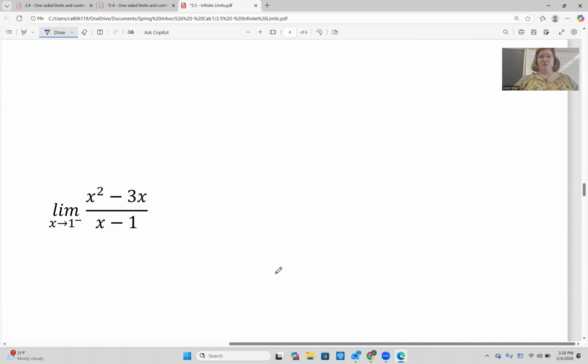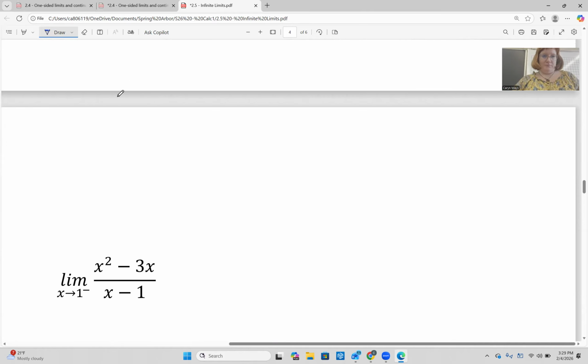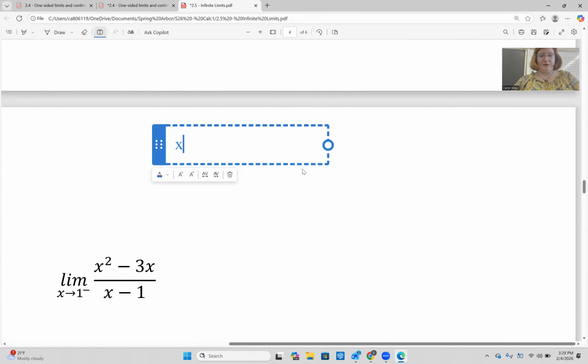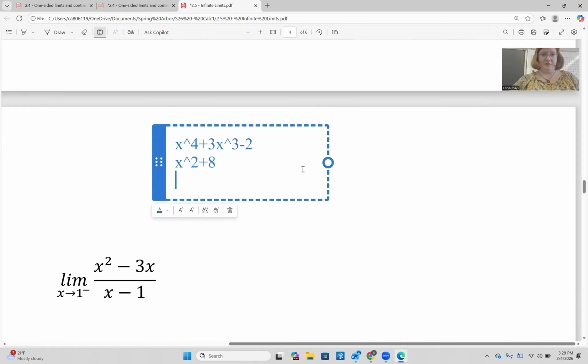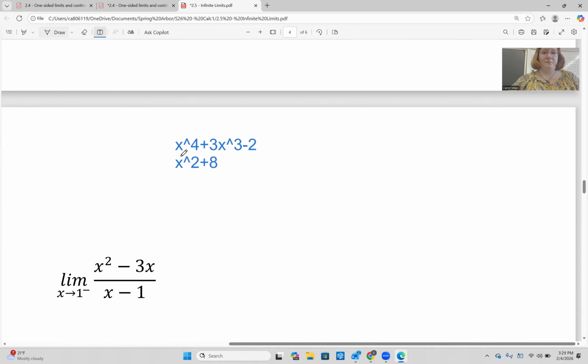Just real quickly. If I have, I'm going to use carets, 3x squared cubed minus 2 over x squared plus 8. It does not need to be complicated. Horizontal asymptotes, we will get to this eventually. If the higher power is in the numerator, there is no horizontal asymptote.